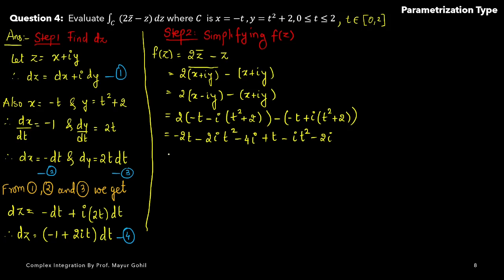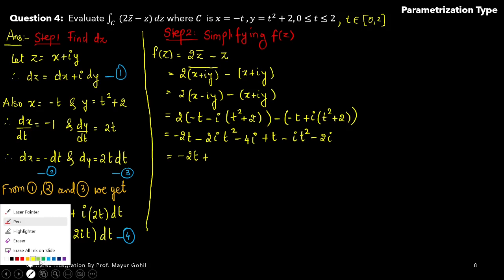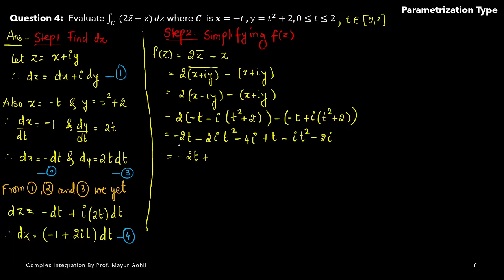Let us collect the terms which have the real part and the imaginary part. In that way we will have minus of 2t over here. Let's highlight the terms a bit. I'll highlight it with orange. So this is a term, minus 2t.